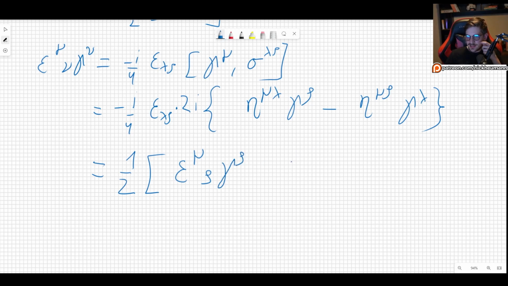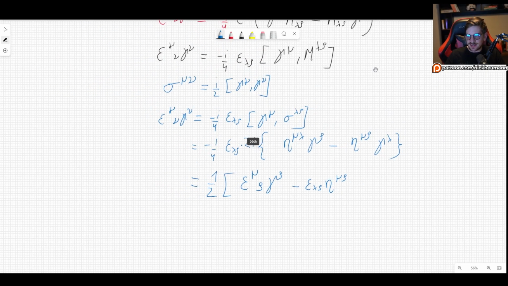And now we have basically the same thing. So we have minus epsilon lambda rho times eta mu rho. So this time, what we can do is we can just change, for example, the indices here so that we get, because what we would do now is this would just raise this index, but we would like it to be the exact same as here. And keeping in mind that this epsilon matrix is antisymmetric, right?